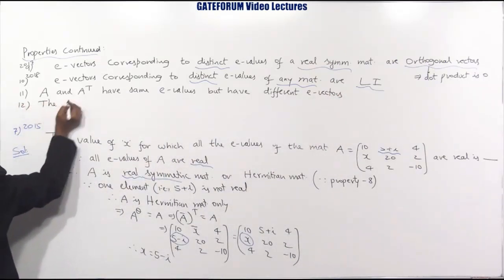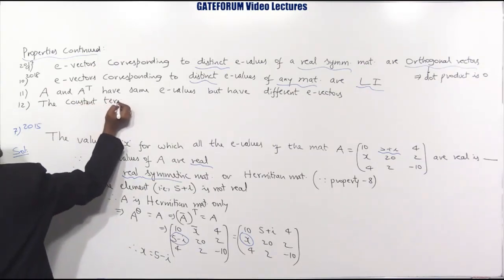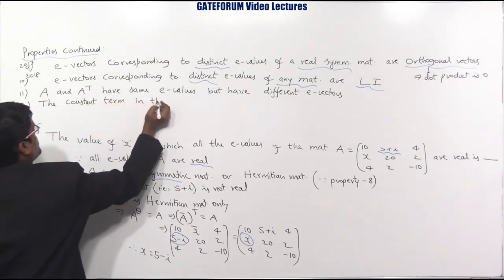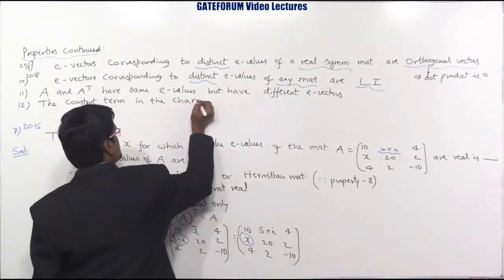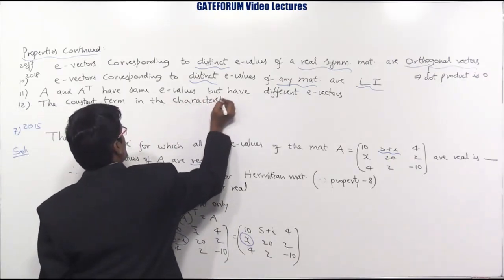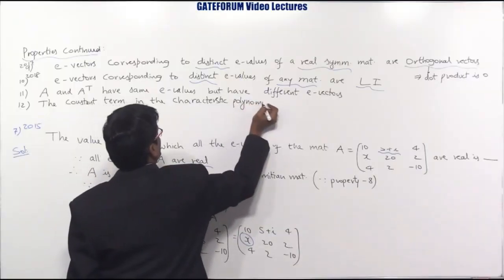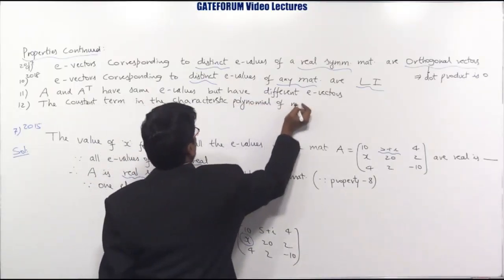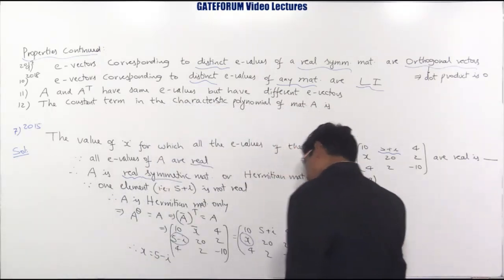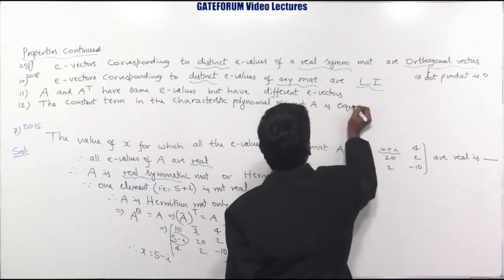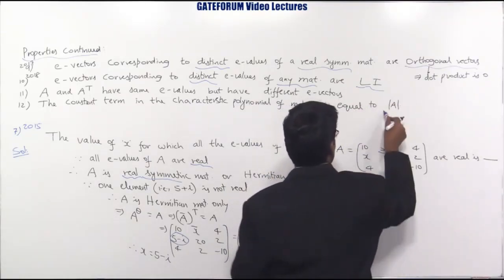The last one: the constant term in the characteristic polynomial of matrix A is equal to the determinant of that matrix.